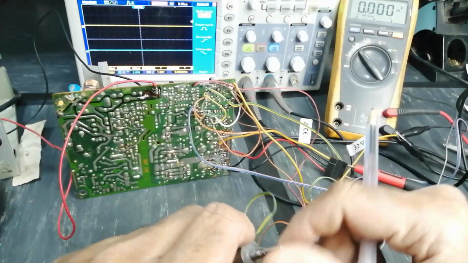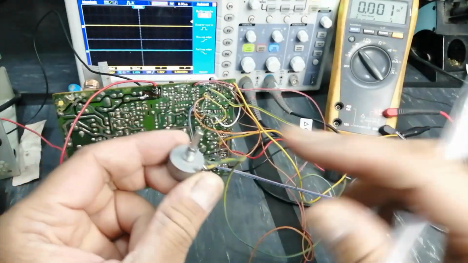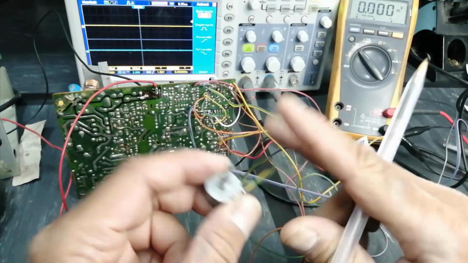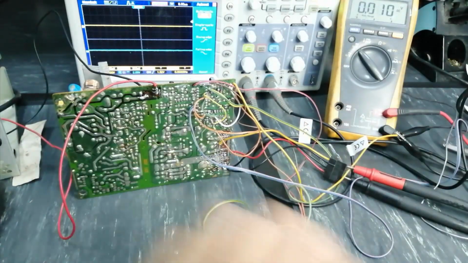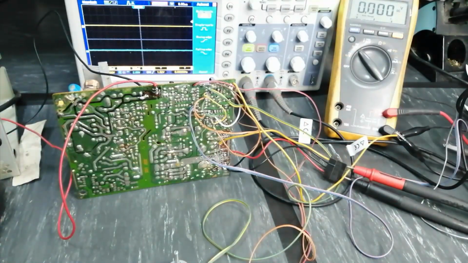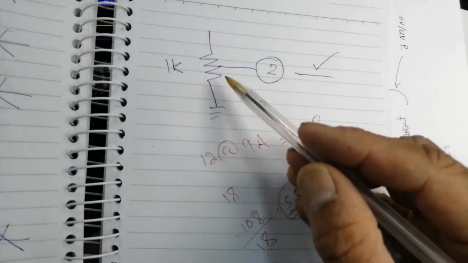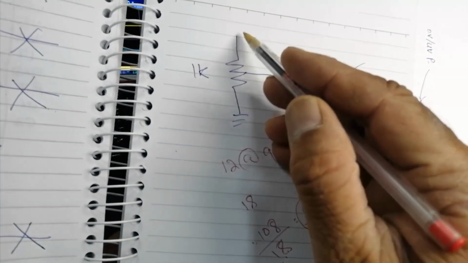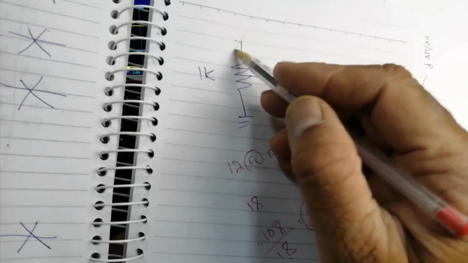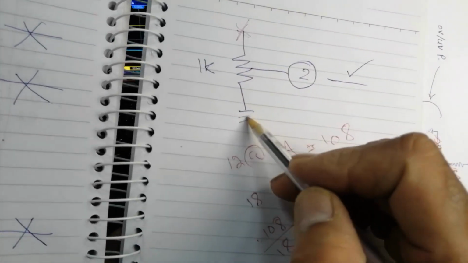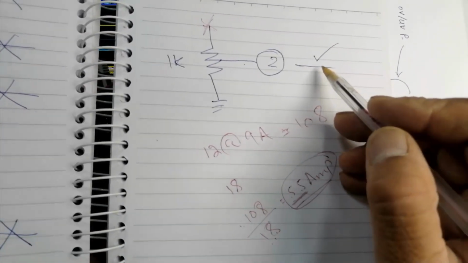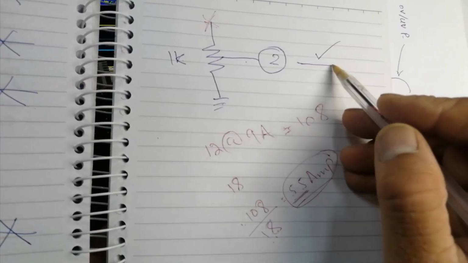I also made some alteration. I connected another potentiometer, a 1K potentiometer, at pin number 2. I did not connect this end. I connected one end of the 1K potentiometer to ground, and connected directly to pin number 2. At pin number 2, I did not remove any component.